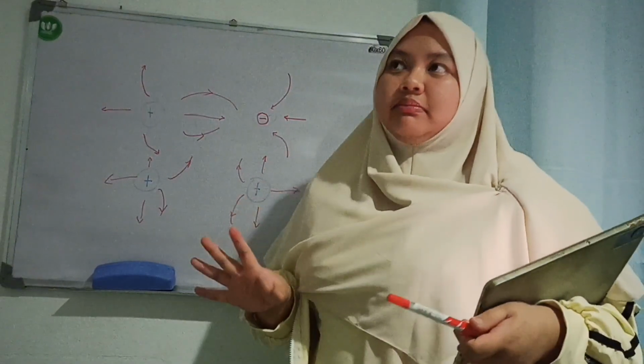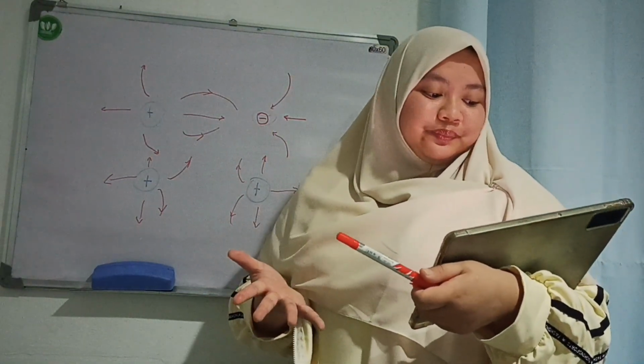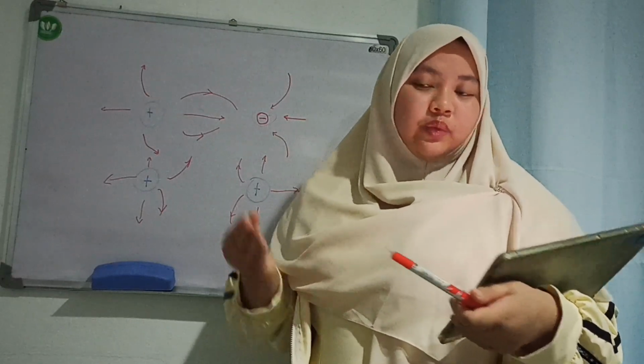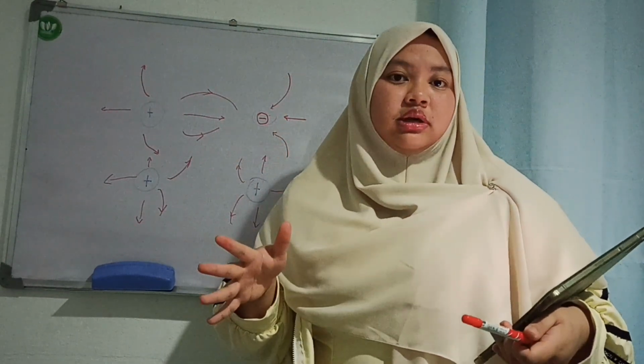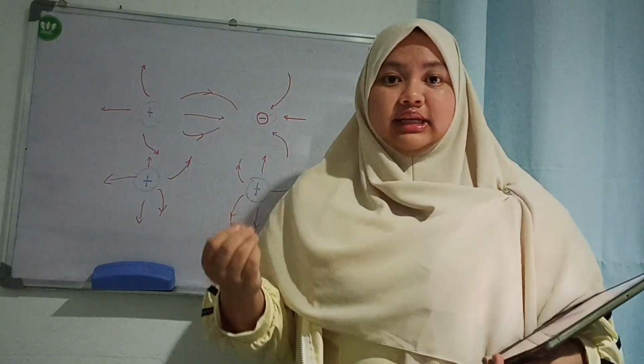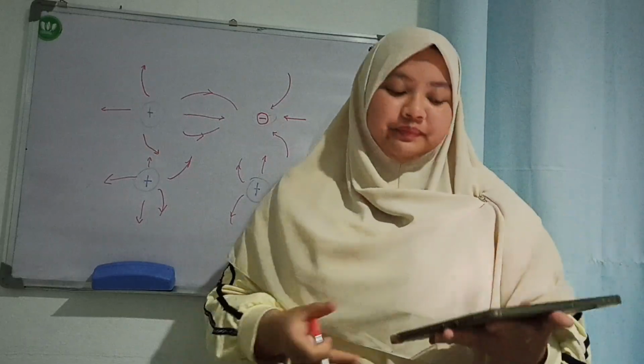Let's take a quick example. Let's think about a thunderstorm, where the negatively charged electrons in the clouds are moving towards the ground, causing lightning. That is one easy example of it.